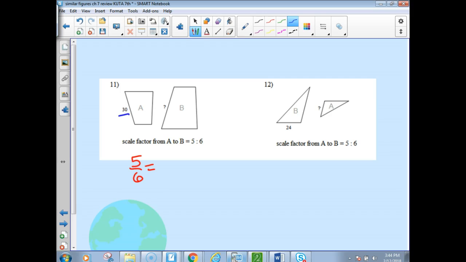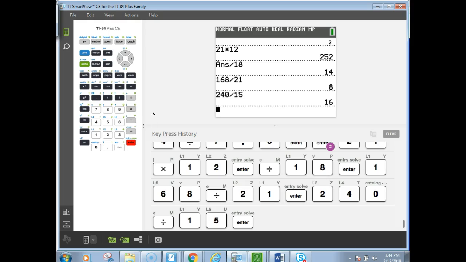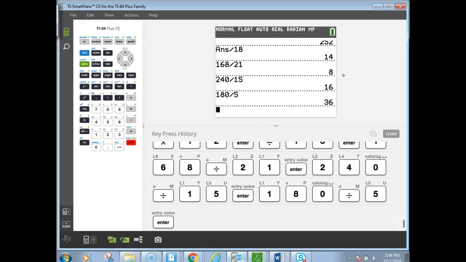So that'd be 30 over x. Cross multiply. 5 times x equals 180. And then 180 divided by 5. Divide both sides by 5, and we end up with 36.